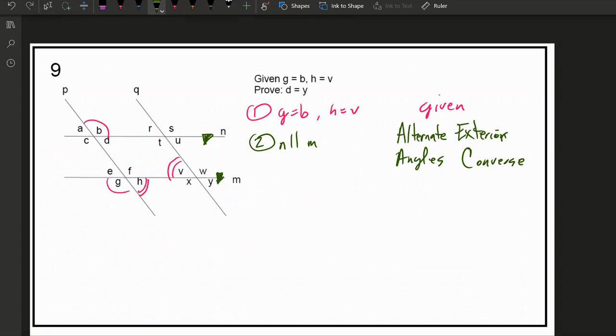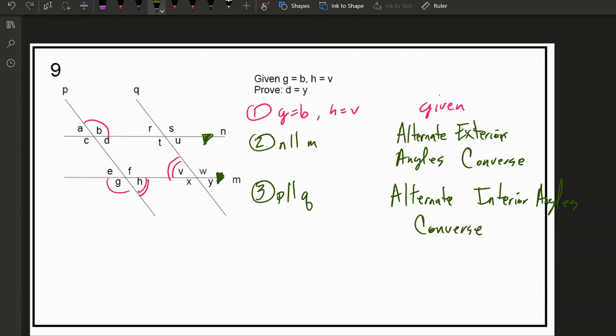The fact that H and V are equal to each other lets me know that P and Q are parallel, because I see that those are congruent and those are alternate interior angles. That's the converse.